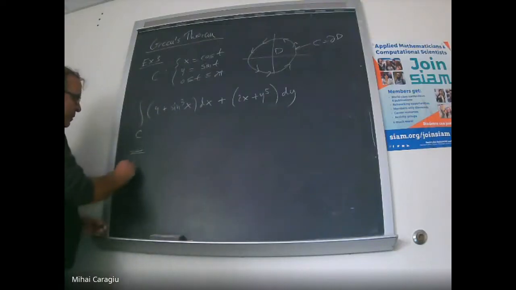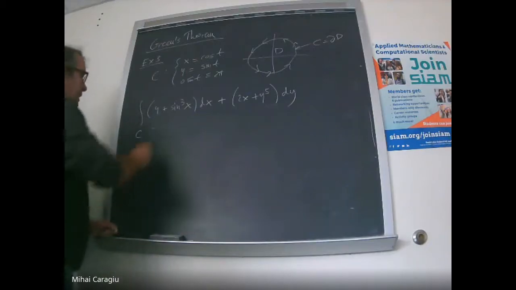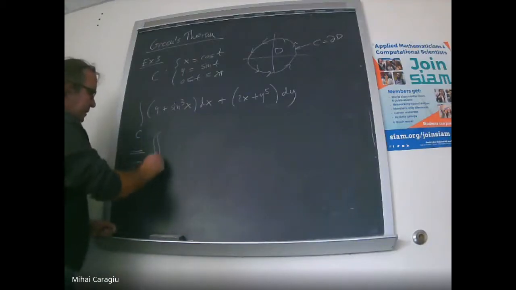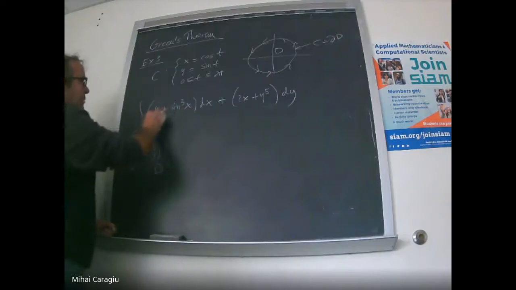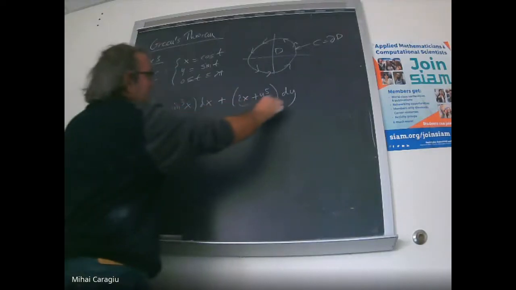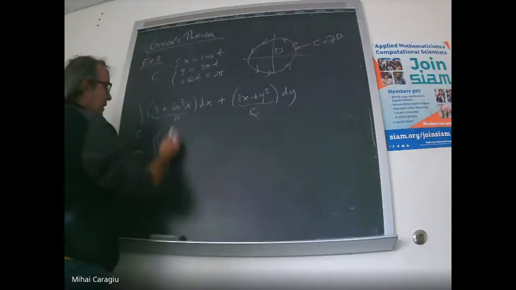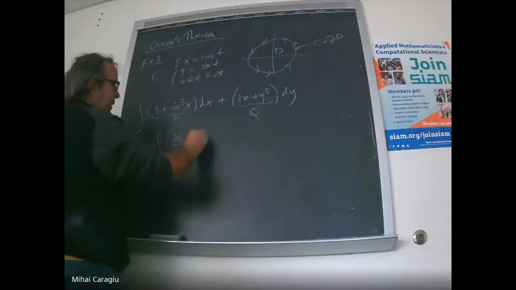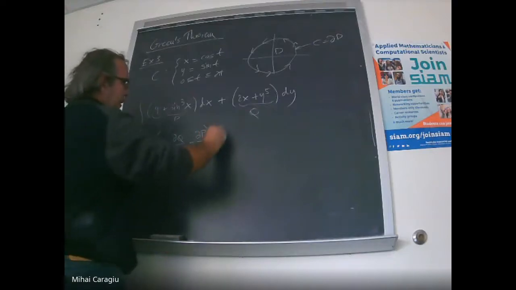Let's move on. So according to Green's theorem, this will be a double integral over the unit disk D of, this is P and this is Q, so dQ over dx minus dP over dy dA.